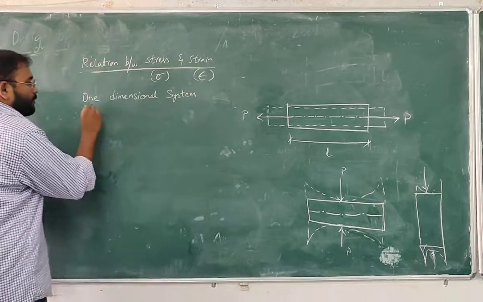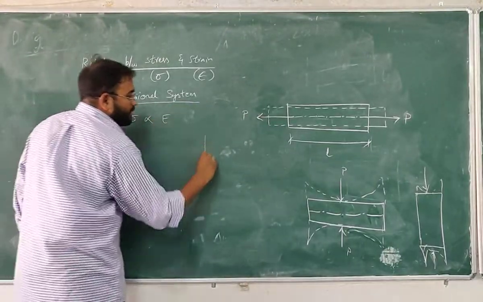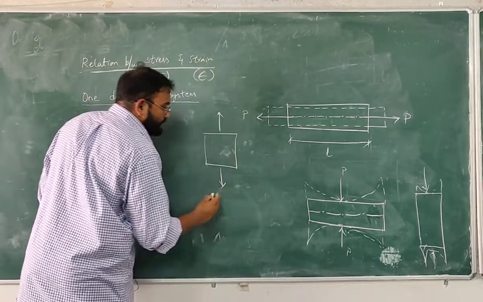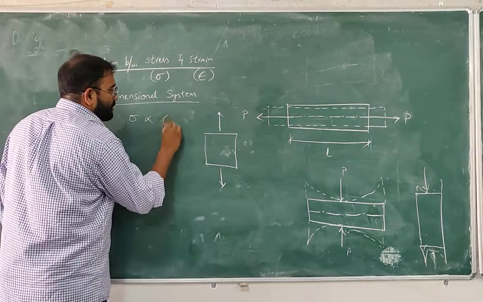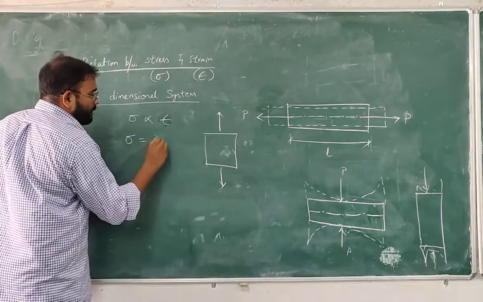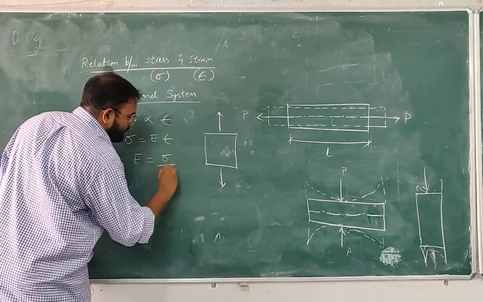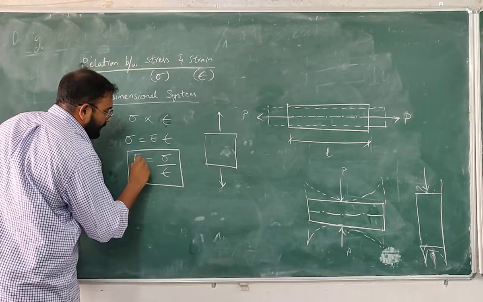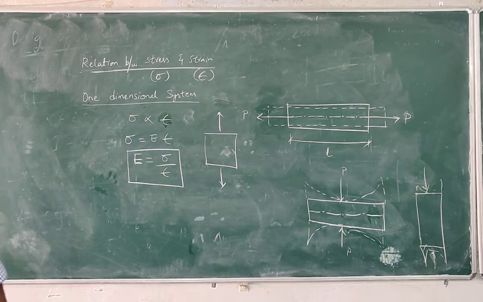Okay, for a one-dimensional body, stress will be directly proportional to strain. You have only one type of axial pull or axial compression. Okay, so stress is directly proportional to strain, or stress is equal to E into epsilon, or E is equal to stress by strain. Don't get confused between capital E and epsilon. Epsilon is strain, E is Young's modulus.